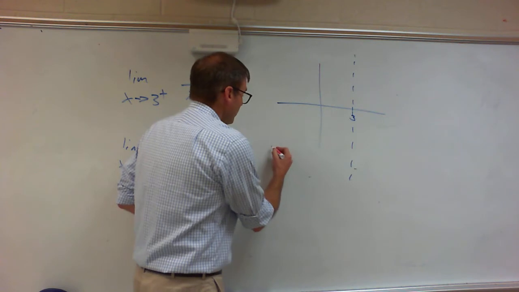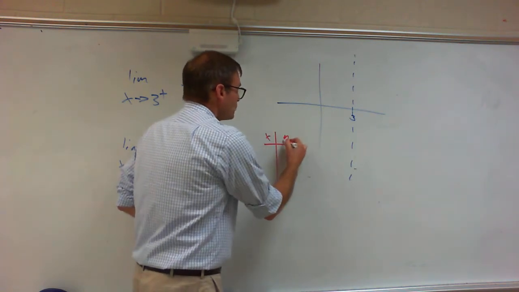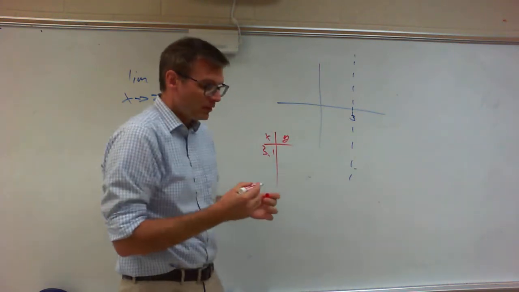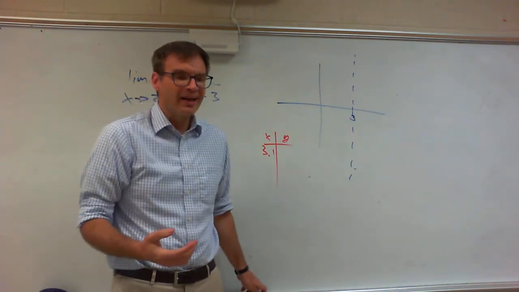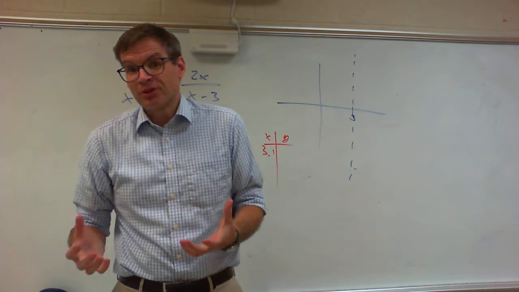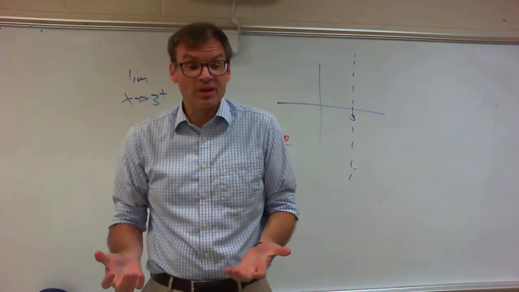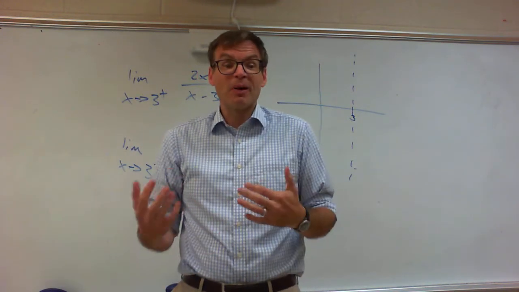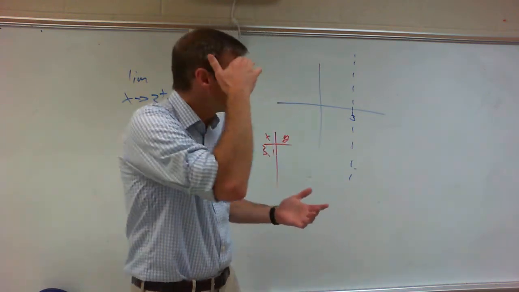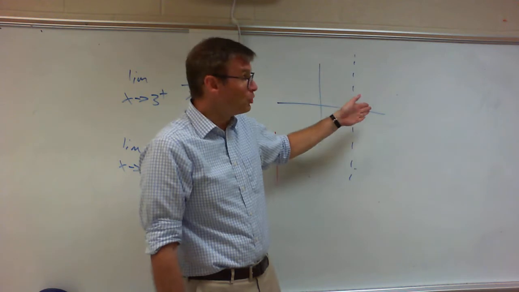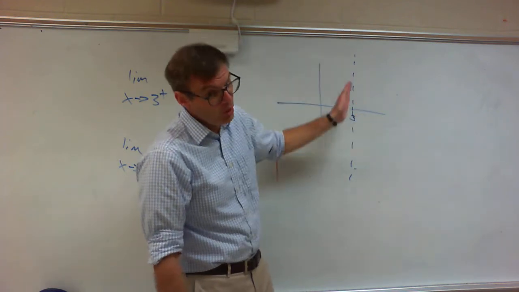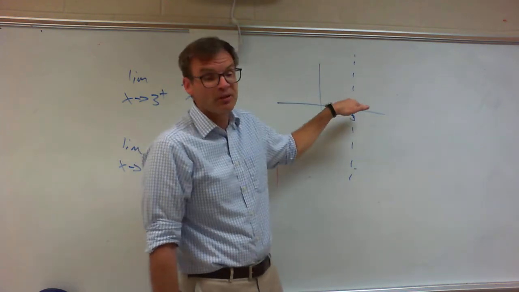So here's my lovely XY chart. I want to plug in 3.1. Now, before you think this is going to make your life miserable because the numbers are ugly, you're not going to care what the actual number is. All you care about is if it's positive or negative. Let me explain. As you get close to a vertical asymptote, you have two options. You're either going all the way up or you're going all the way down. You're never going to go to the middle and stop.